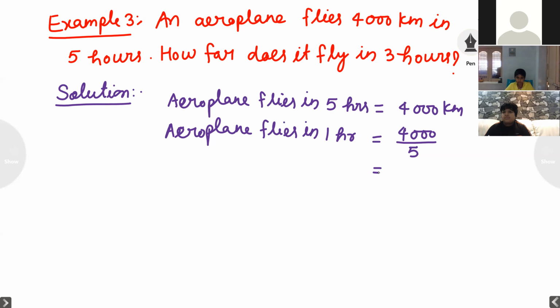It is coming 5 8s are 40, 800 kilometer. Aeroplane flies in 1 hour is equal to 800 kilometer. Now I want to find out aeroplane flies in 3 hours.